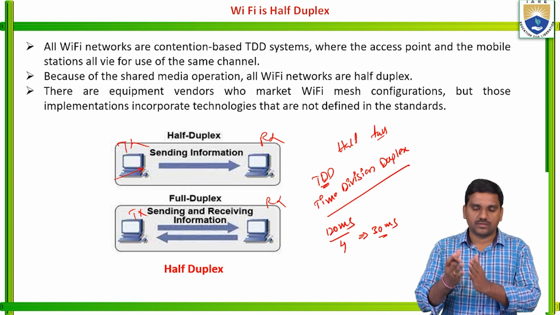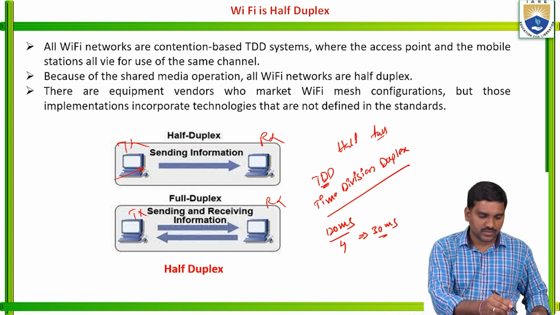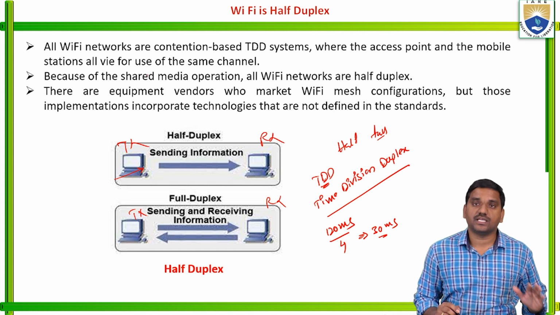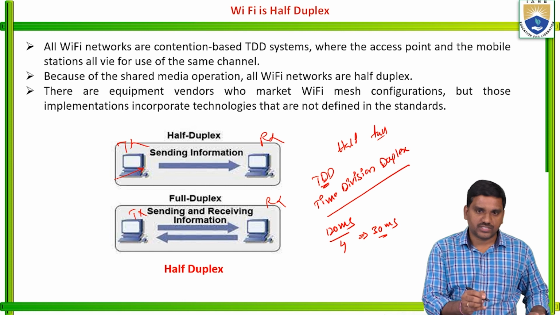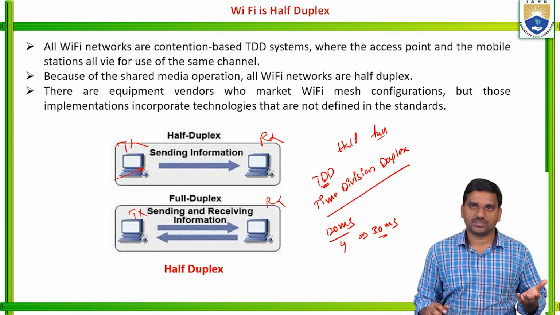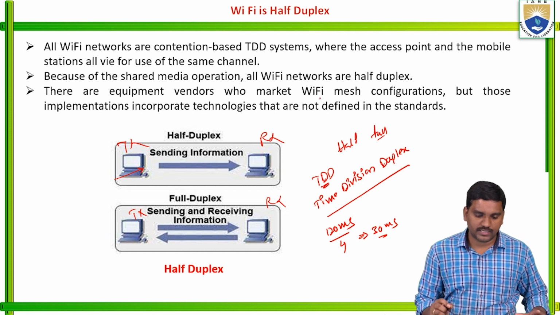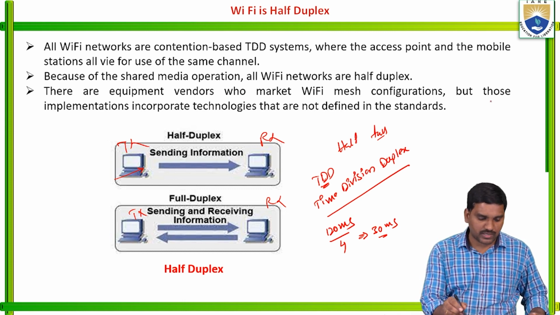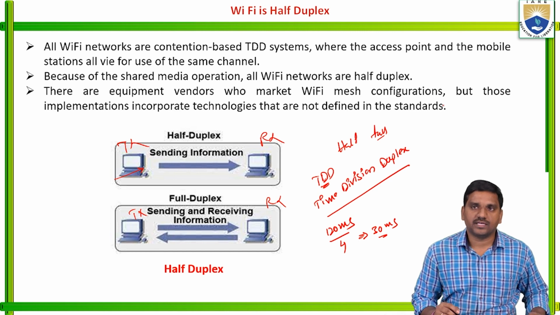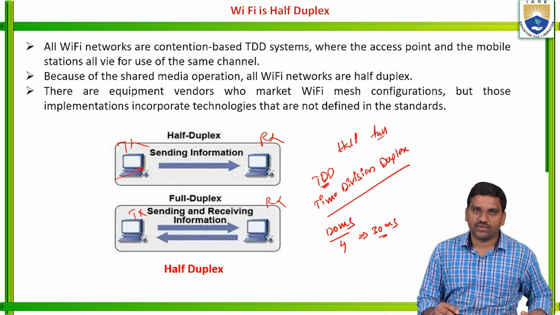In time division duplex, the access point and the mobile stations vie for the use of the same channel. Because of this shared media operation, all Wi-Fi networks are half duplex. Some equipment vendors market Wi-Fi mesh configurations, but those implementations incorporate technologies that are not defined in the standard Wi-Fi protocol.